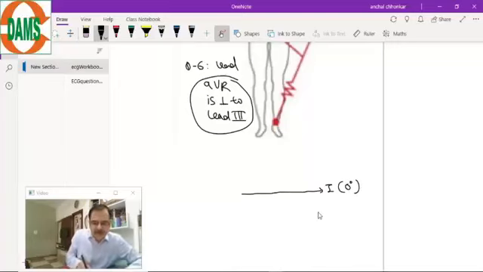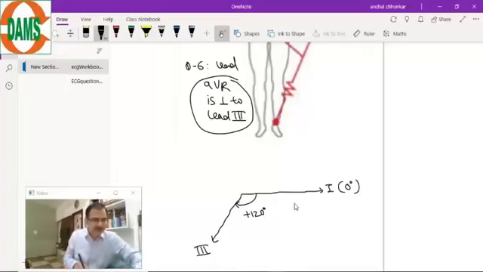Lead 1 is 0 degree. Here is lead 3, plus 120 degrees, and here is the extension.